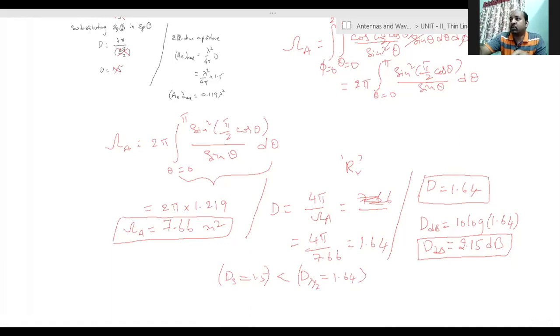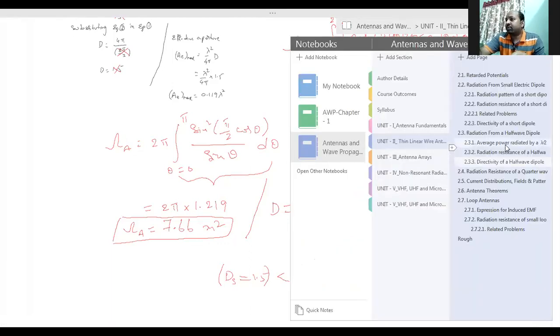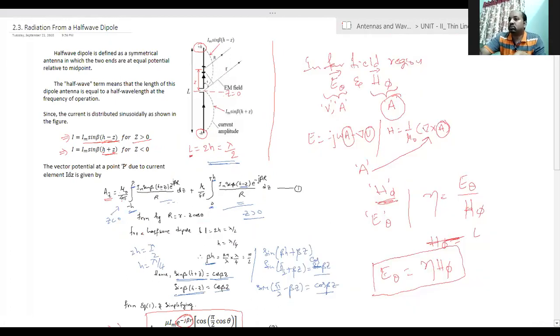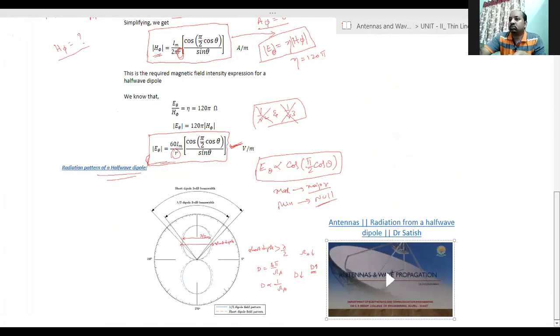So let me go back to show you the radiation pattern. Right, so this one.